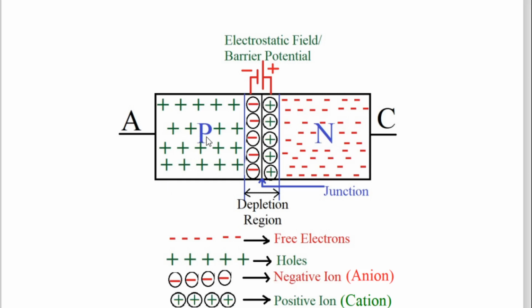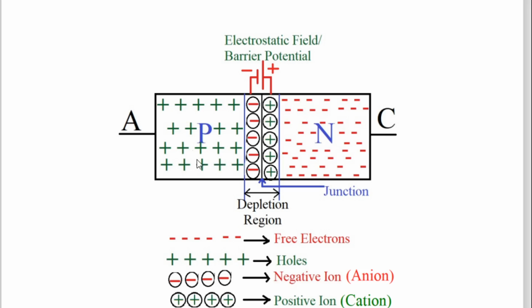So when you combine a p-type material with an n-type material, what happens? As I have already explained, we are going to repeat it once again. This is the depletion region. Along with the formation of the depletion region, the formation of the barrier potential and the formation of the junction capacitor, three things happen simultaneously at a time.